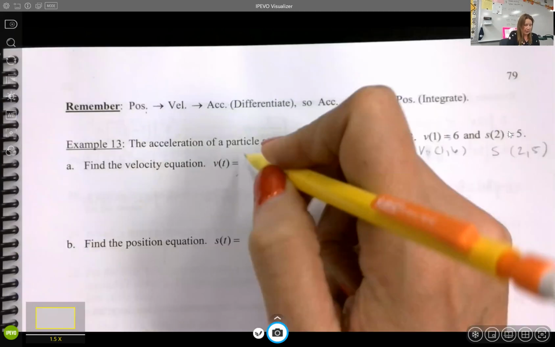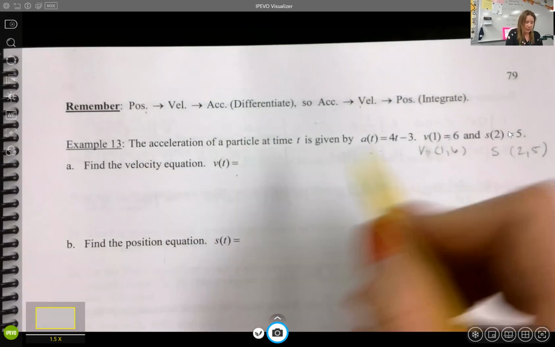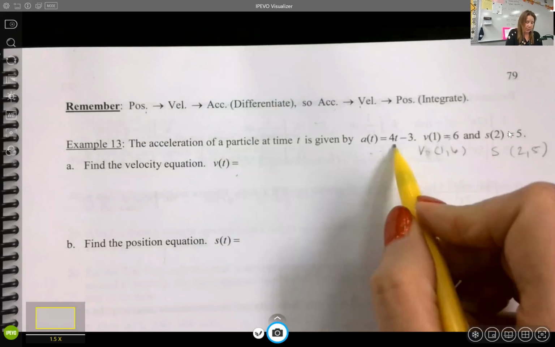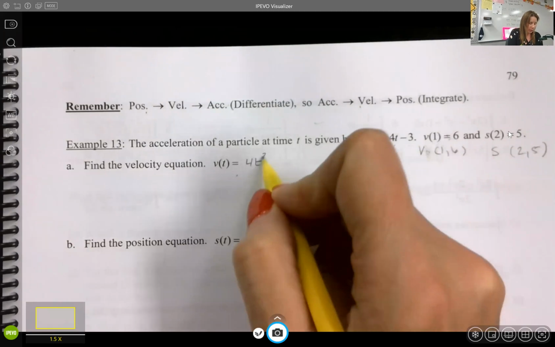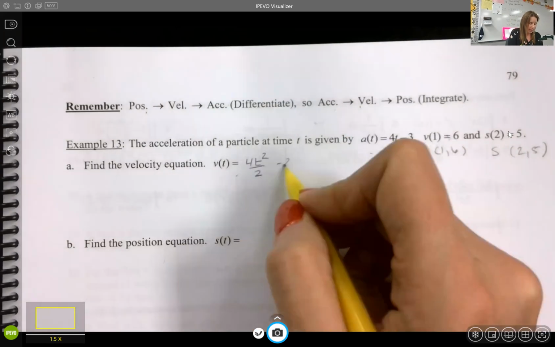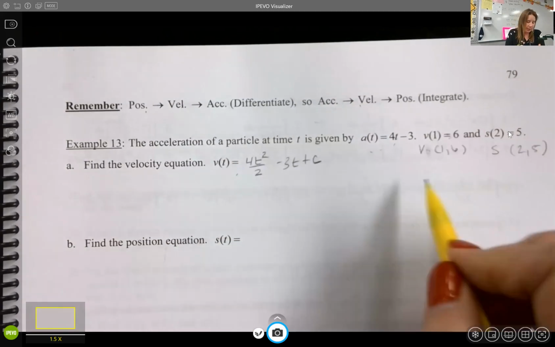So for the velocity equation, we're trying to find the integral of acceleration to get velocity. So I'm taking the integral of 4t minus 3. So 4t squared over 2 minus 3t plus c. Okay, plug in the 1 and the 6.